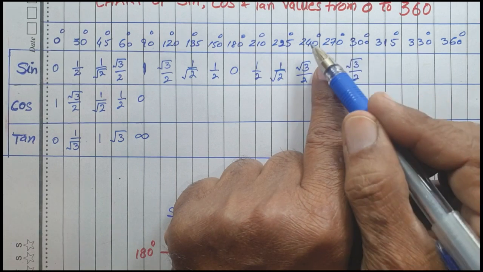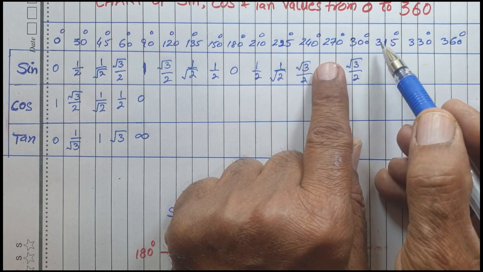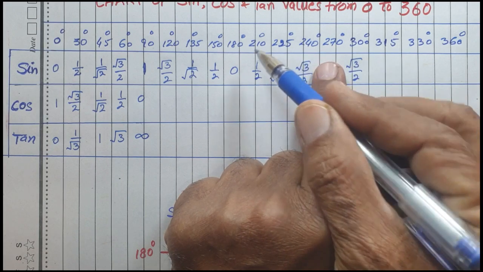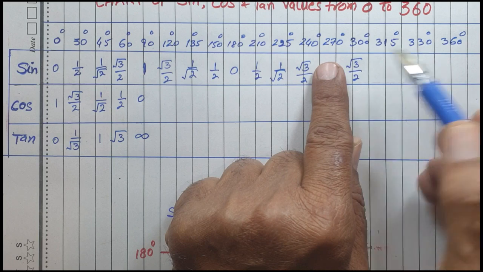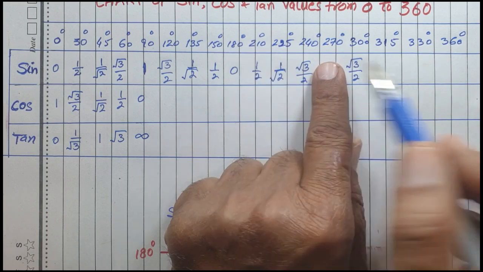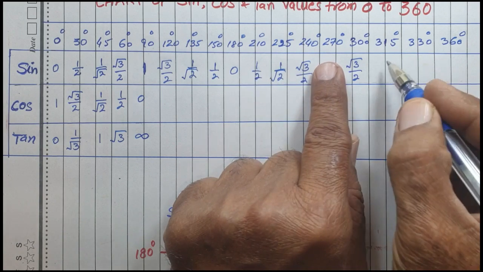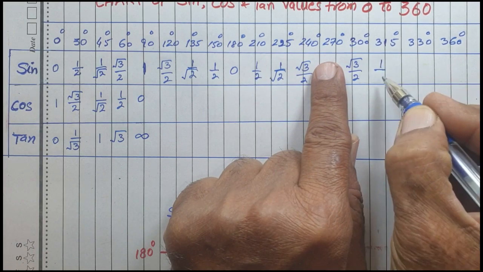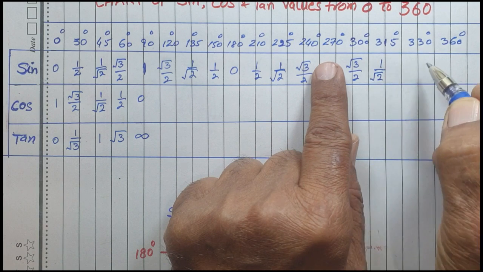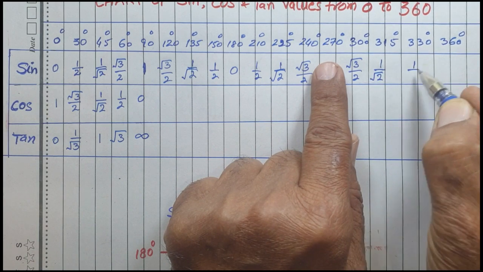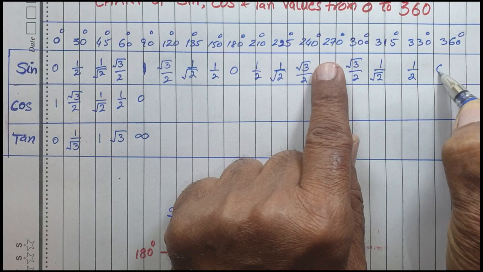Here also 30, then 15 degrees, then here also 15 degrees, then 15, here also 15 degrees, then 30 degrees, then here 30 degrees. The same way we get these values: 1 by under root 2, 1 by 2, and 0.